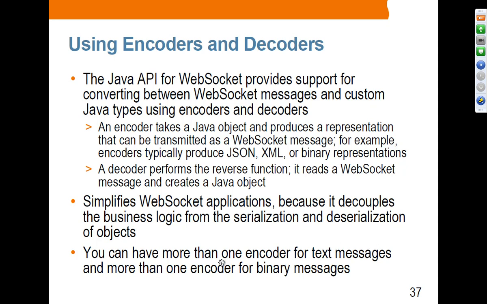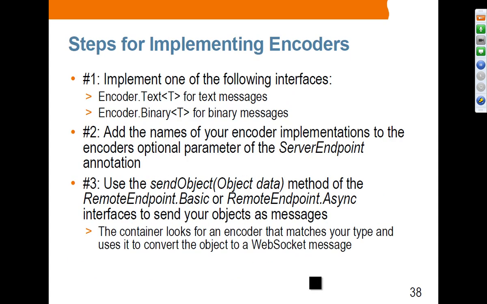You can have more than one encoder for text messages and more than one encoder for binary messages, meaning you can have multiple encoders connected to text messages and binary messages. The steps for implementing an encoder: you implement one of the following interfaces. Your encoder class will implement Encoder.Text of the type for text messages, or Encoder.Binary of the type for binary messages.